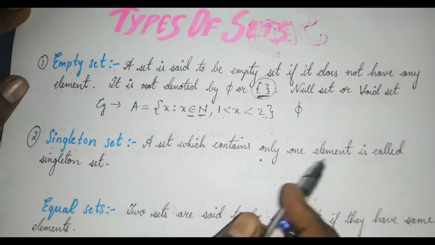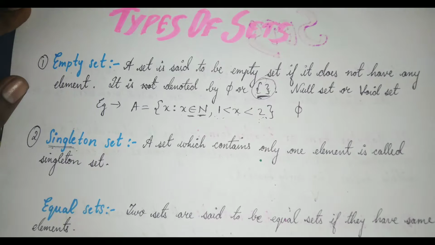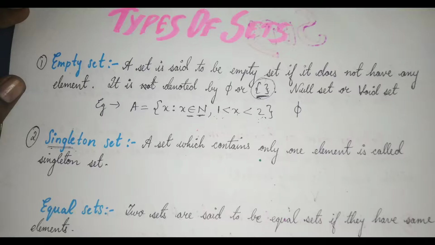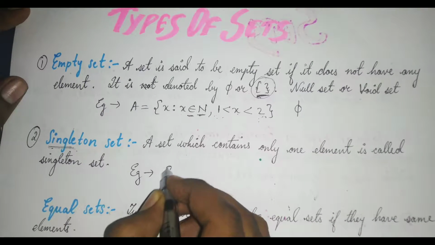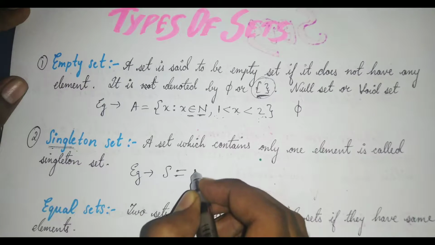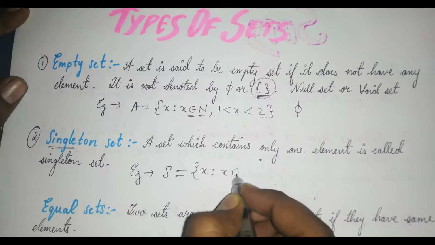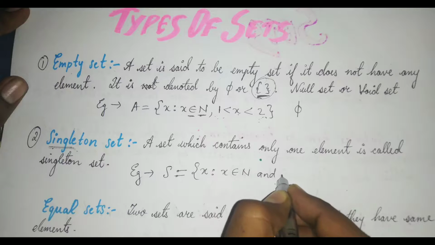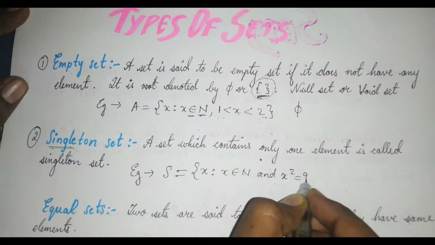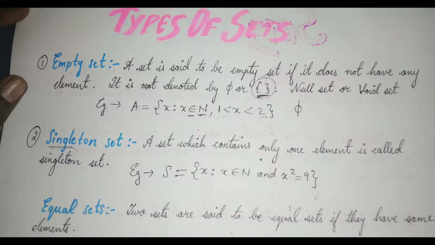A set which contains only one element is called a singleton. You can remember it as single, right? So it should contain only one element. Suppose, for example, S is a set, S is equal to the set of x such that x belongs to N and x square equals 9.